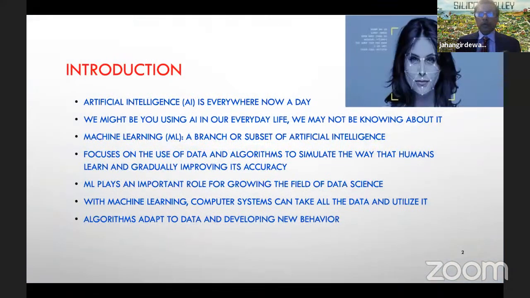So as an introduction, machine learning is a branch of artificial intelligence, a subset, basically. So we might be nowadays using machine learning or AI in various forms. We may not know it, but we are using them, especially when you buy things online, or even when doing vacation planning or buying some stocks.